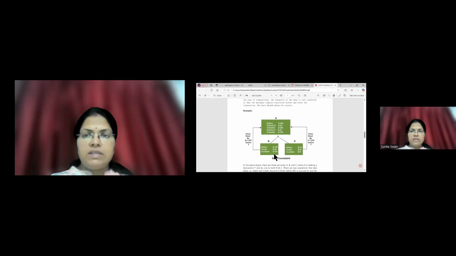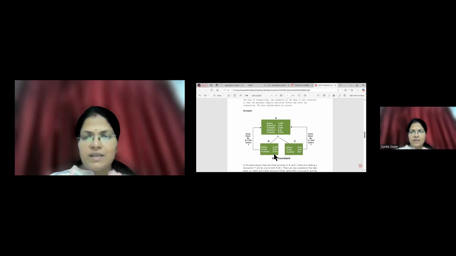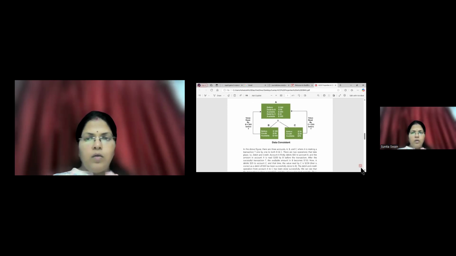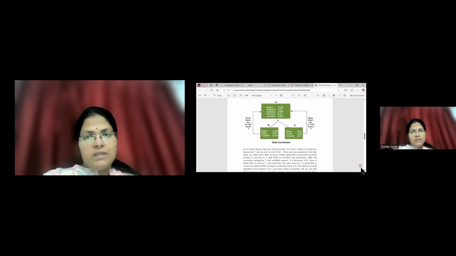So this is one simple transaction having three accounts, with different types of credits and debits, different credit-debit instances. So when any amount has been debited from an account, the available balance must be proper.